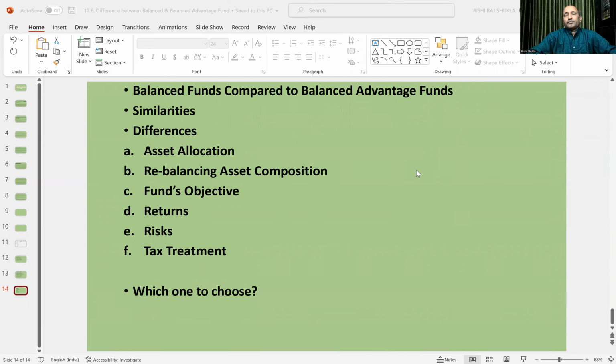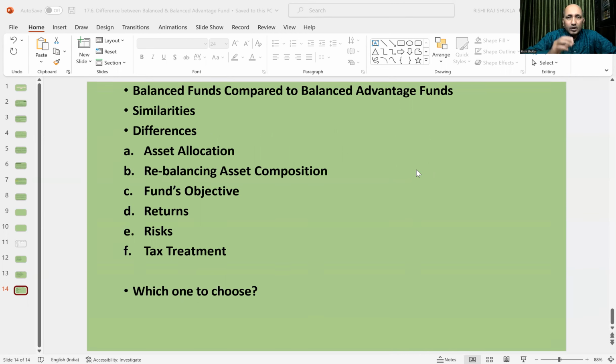In the case of balanced advantage, there is no fixed rule for rebalancing of asset composition. They can go anywhere. Both equity and debt can go anywhere. There can even be an arbitrage portion, and it can be up to any composition, maybe 30%, 40%. It depends upon the fund manager only.